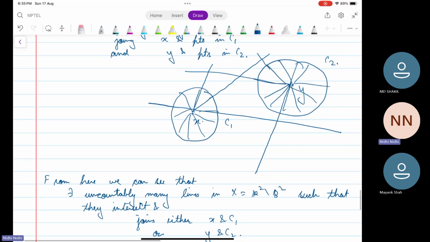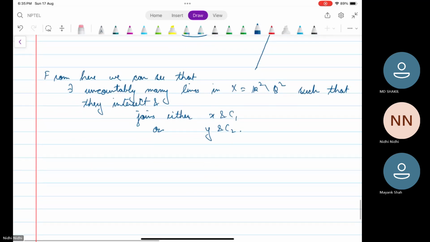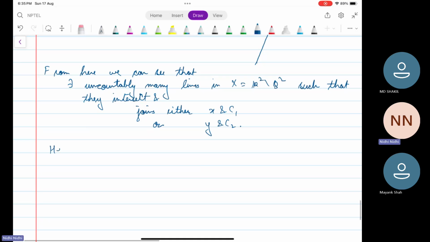So basically, we get a path. In fact, we can find so many paths. Hence, we can find a path joining x and y.